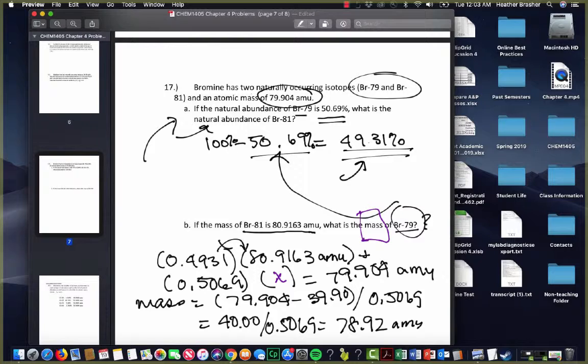So basically, what I did is I multiplied these together and then I subtracted it from this side and then I divided it by that.